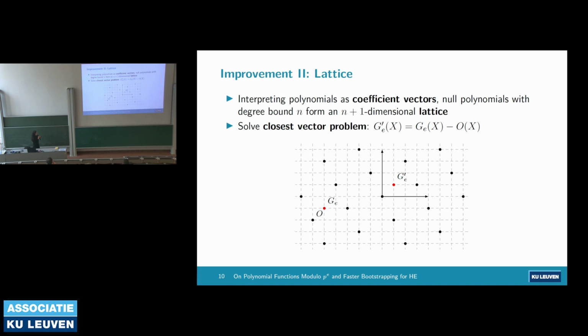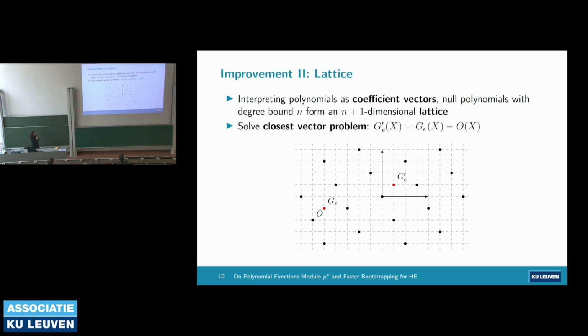Then if we start from any representation of the digit extraction function, we can solve the closest vector problem to obtain the closest null polynomial. Their difference, g prime, again represents the same function, but it's guaranteed to have lower L2 norm. Like the coefficients will be much smaller.